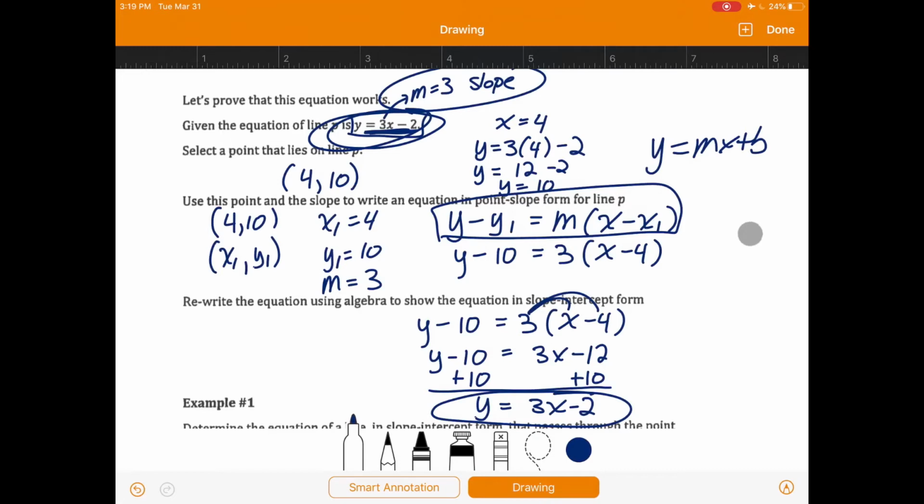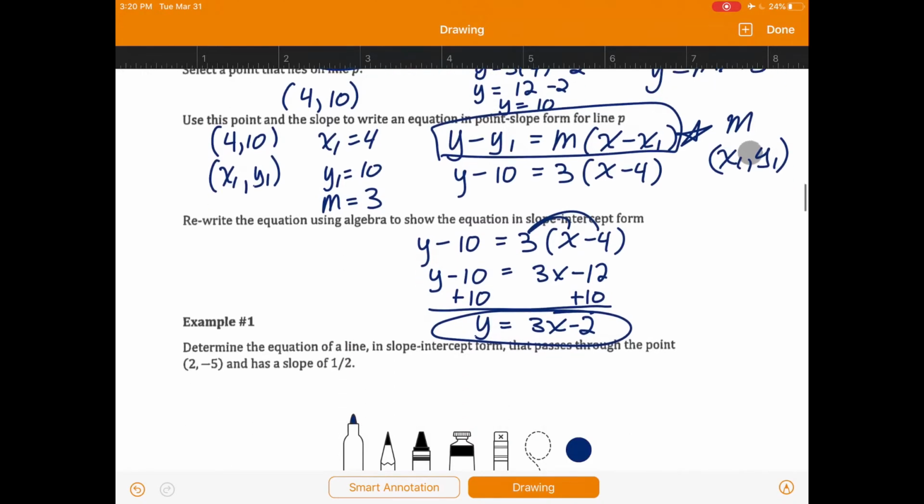Except we're going to use this way whenever we're given the slope and a point. And we'll be using this one up here if we're given the slope and the y-intercept. So we're going to choose which formula we're using based on the information that they gave us.